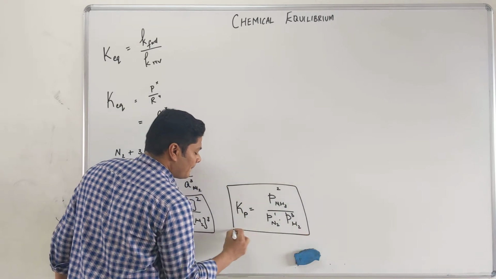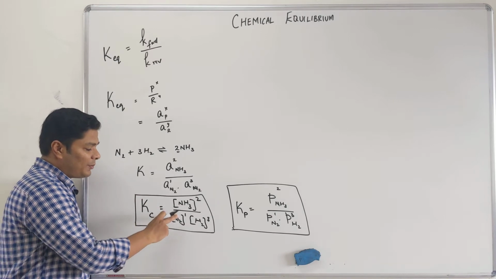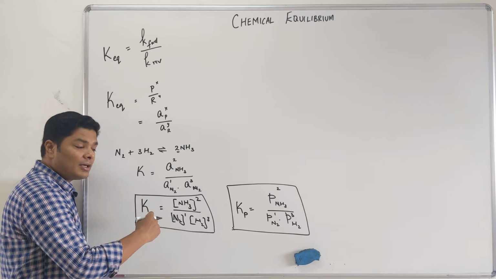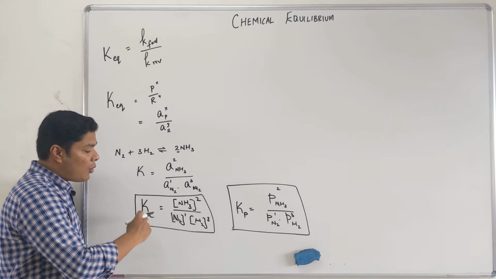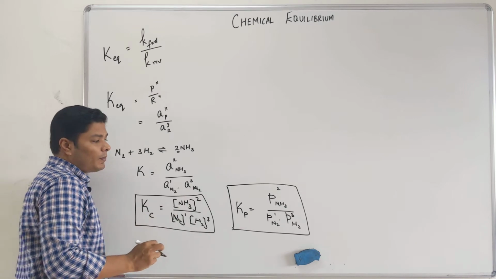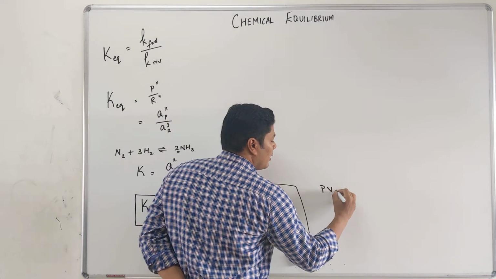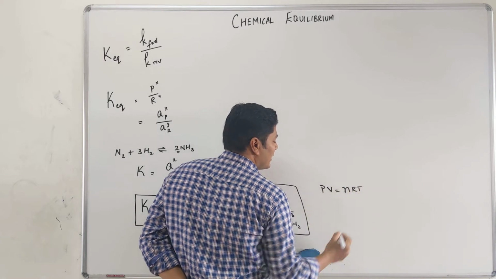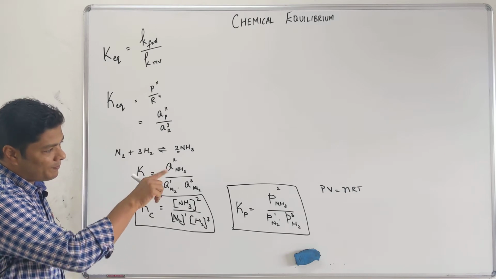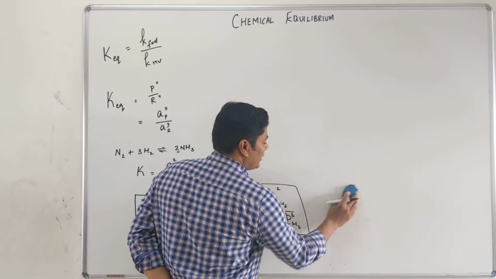Both of them will have the corresponding either concentration or pressure. Both of them can be equal, one can be greater than the other or one can be less than the other. How are these two related? Say this is concentration, that is pressure. Okay. Now if you go to PV equals nRT, we can actually derive it. Okay. Change in concentration, how is it going to do? I am just going to jump to the final equation, that is more than enough for you guys.